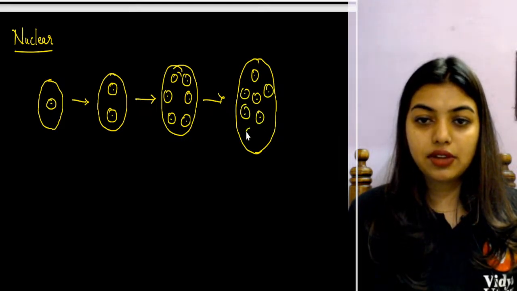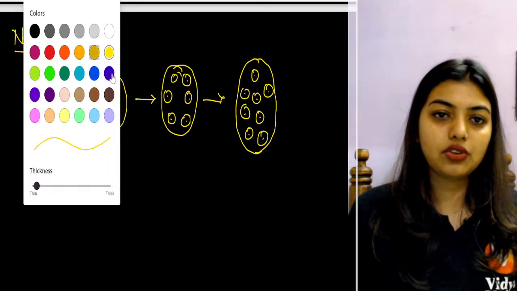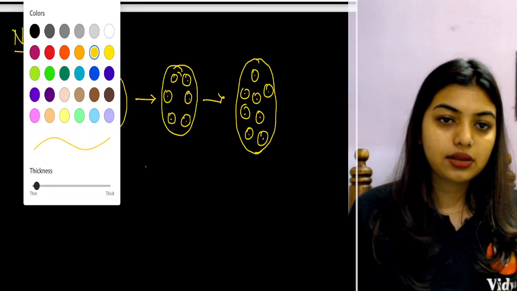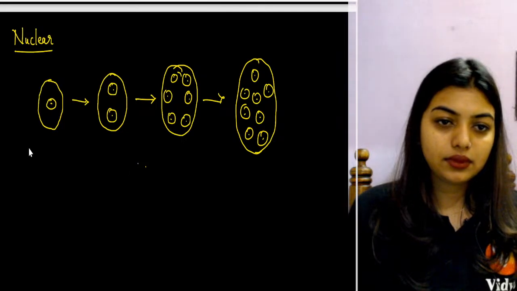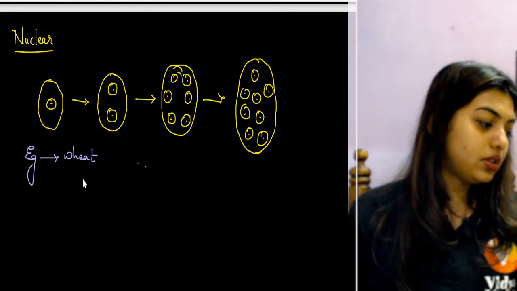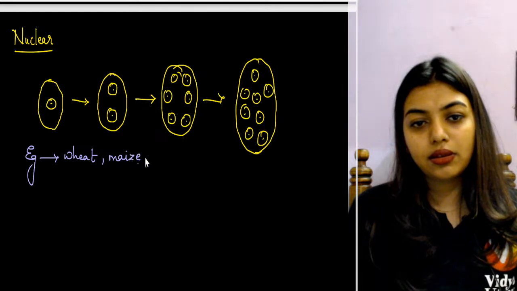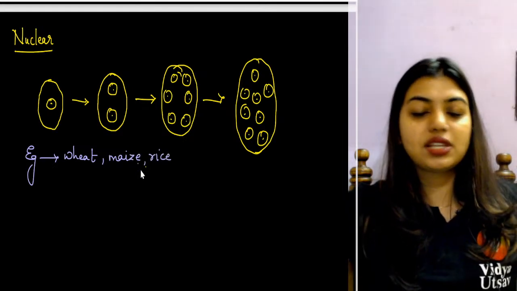So this will give rise to free nuclear division, like in wheat. You can think of wheat as the example. Wheat, rice, maize, all of these are examples.